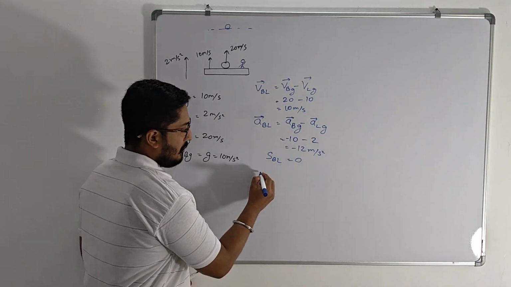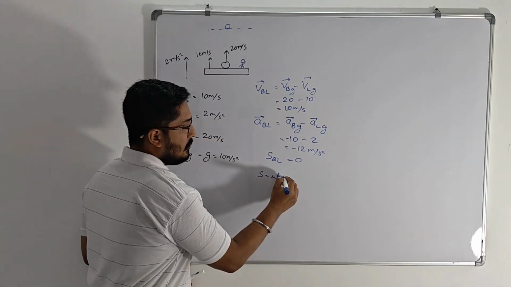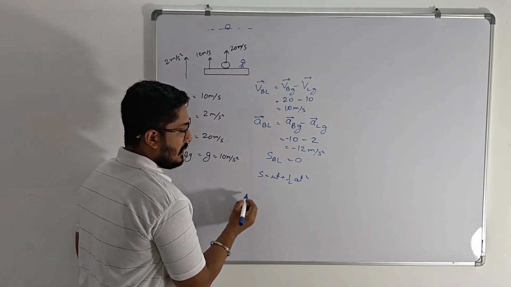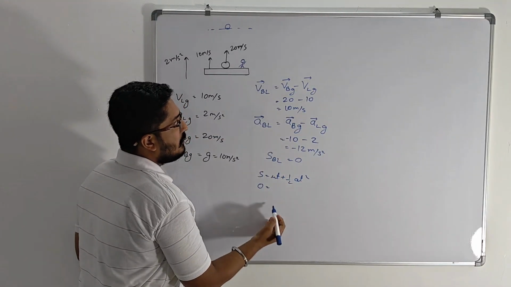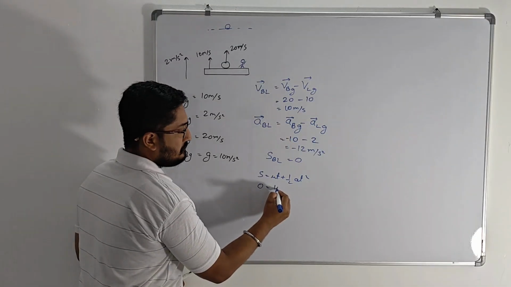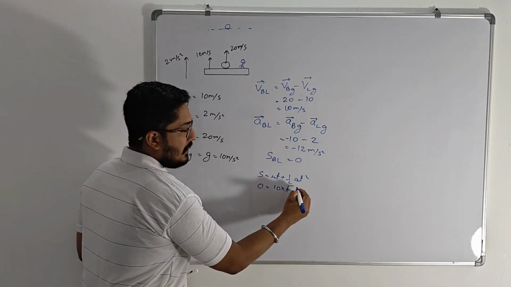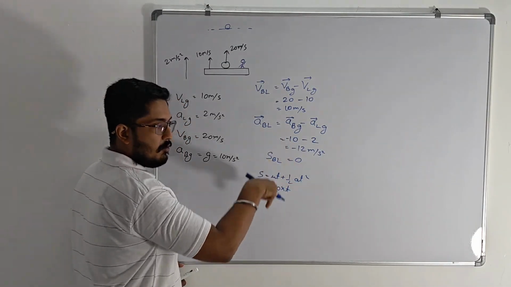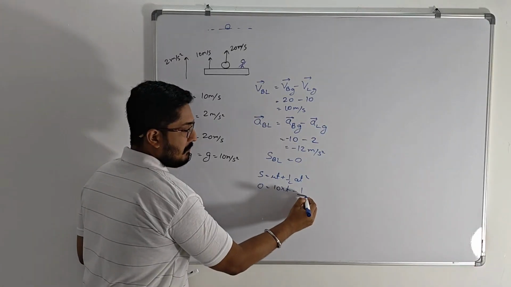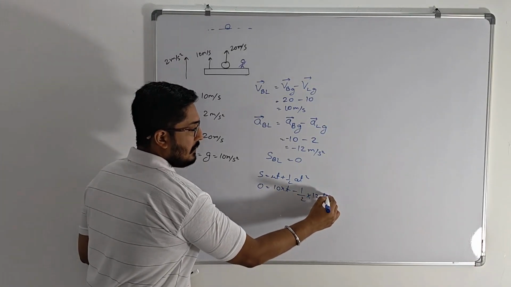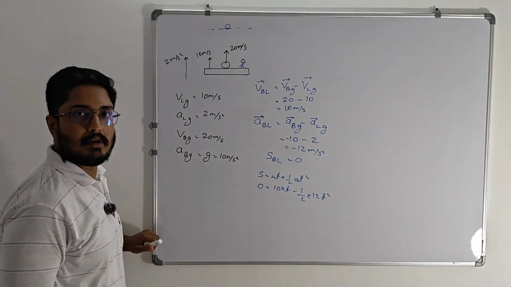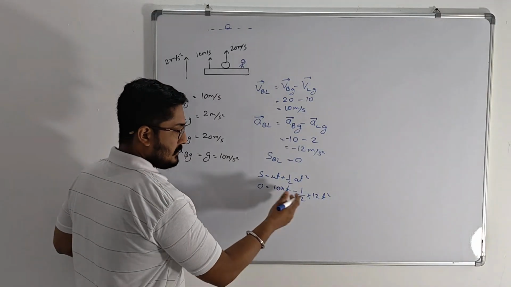So now I can use the formula S equals ut plus half at square. S is equal to 0. The u value that I am having is basically 10 into t, and this acceleration is downward, so accordingly I will put a negative sign: minus half into 12 into t square. Now just solve this.